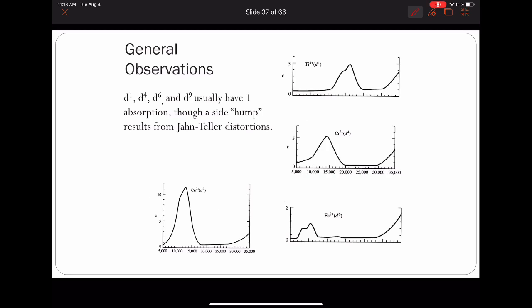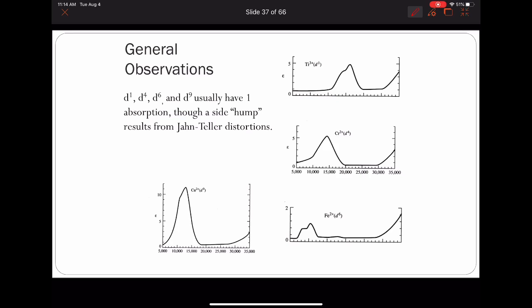One thing that I think is important to think about is if we consider d4 and d6, you might be inclined at this point to ask, do d4 and d6 always result in only the one transition, or is there a dependence on high spin and low spin?